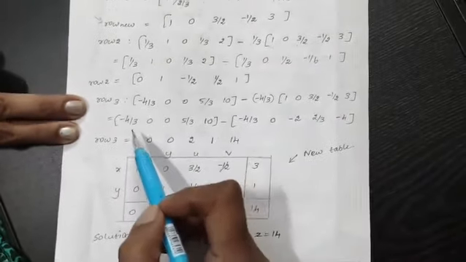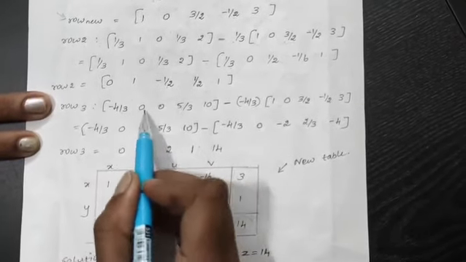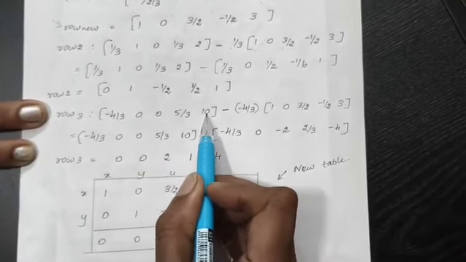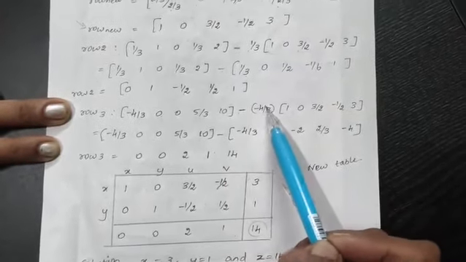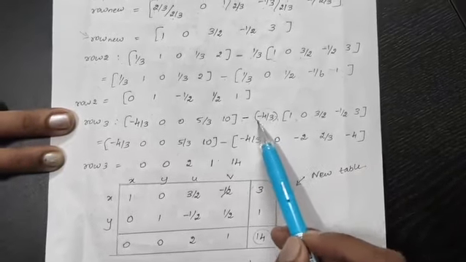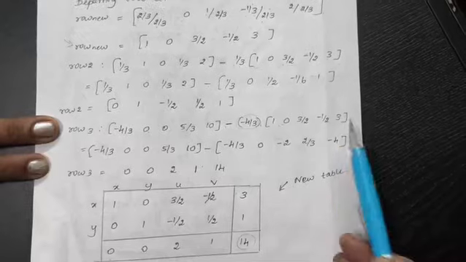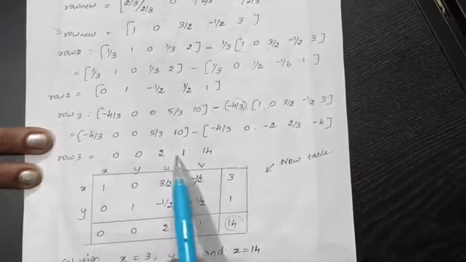Then the third row can be calculated by taking the third row value minus 4 by 3, 0, 0, 5 by 3, 10, minus the corresponding pivot column entry, which is minus 4 by 3, into the row new value. First multiply this pivot column entry with the values, then we can subtract it. After subtraction, we are getting the value like this.